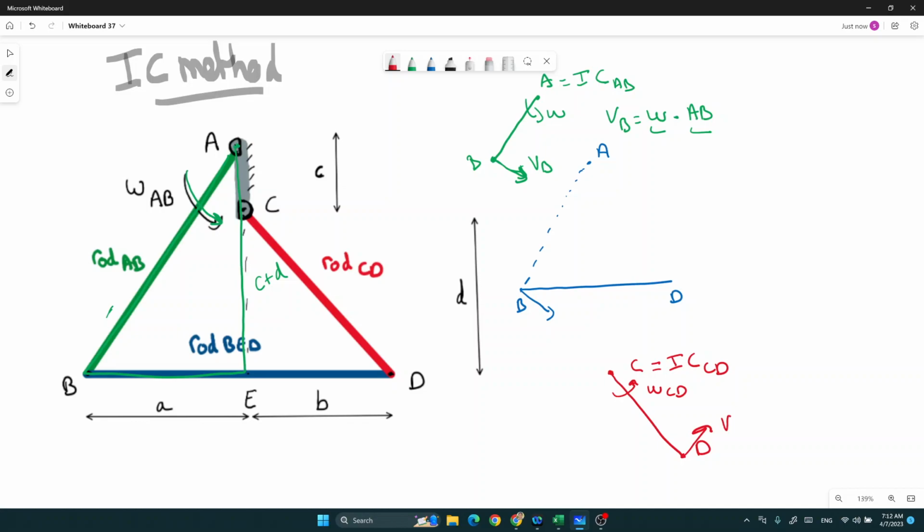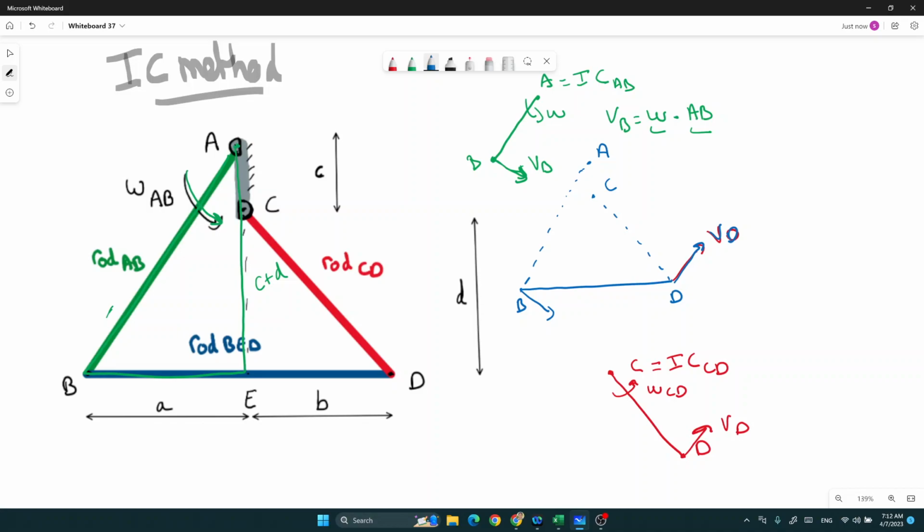So we will have VD in that direction. D belongs to the road BD and the road CD, that's the same. So we will have VD like this for the blue one too. Let's draw it in blue there. And this is the point C, and this is perpendicular to CD.